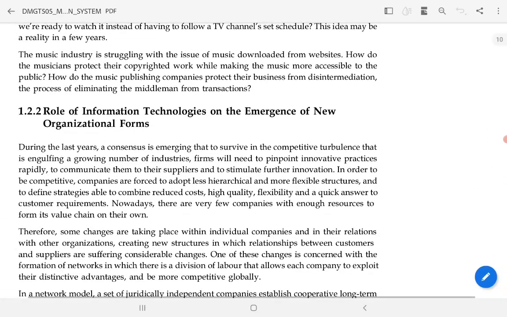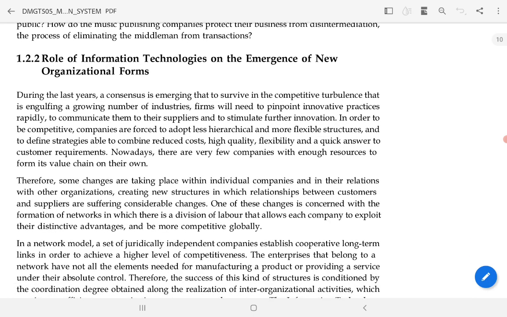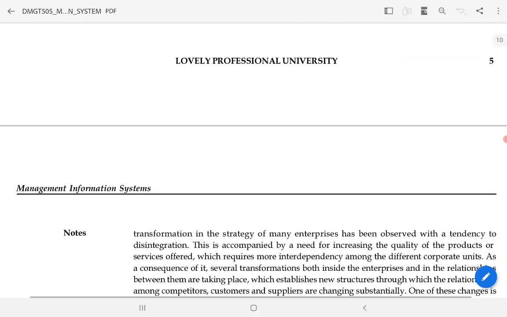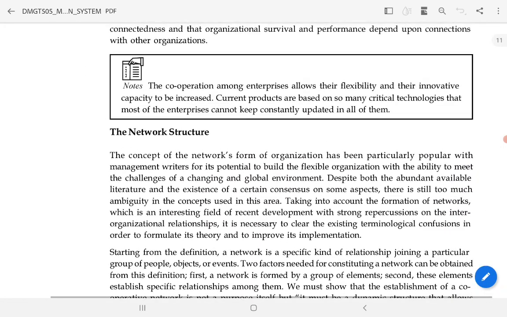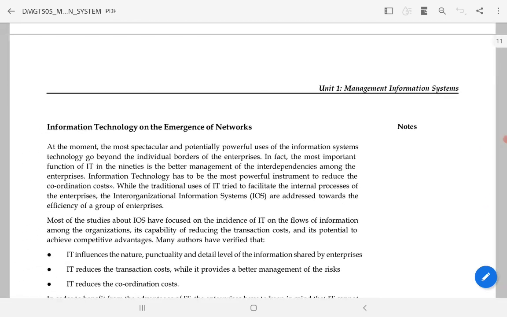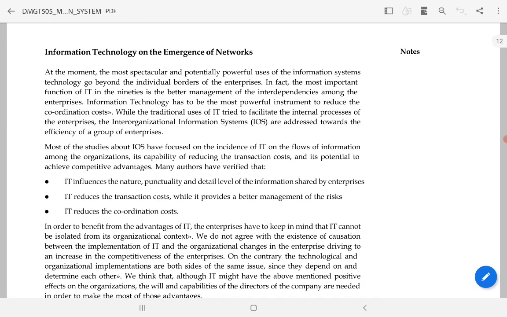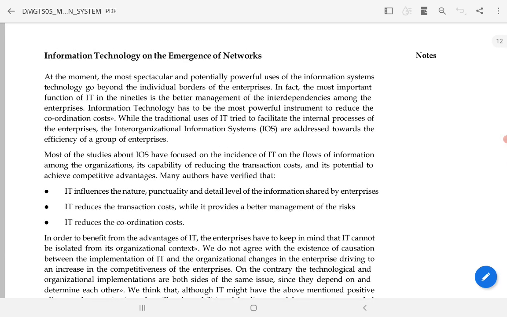What is the role of information technology in the emergence of new organizational forms? What are the responsibilities of IT or MIS in big organizations? Networks are an important key role in MIS or any main organization.